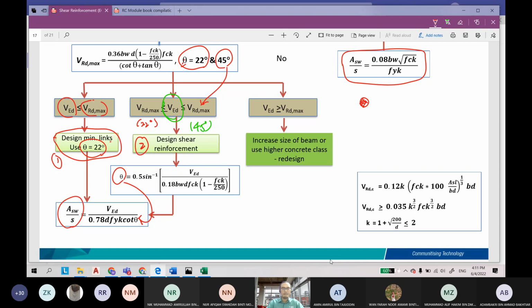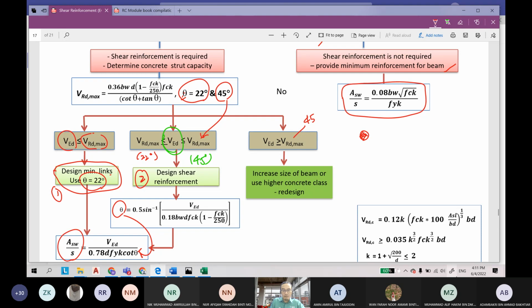However, if the VED is greater than the concrete strut capacity for theta 45 degree, we have to increase the size of beam or use higher concrete class because the capacity is insufficient.